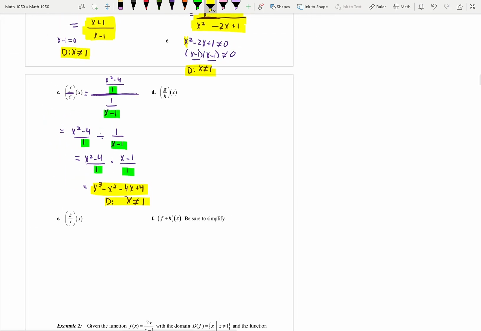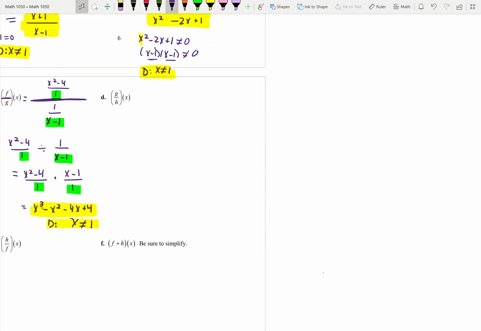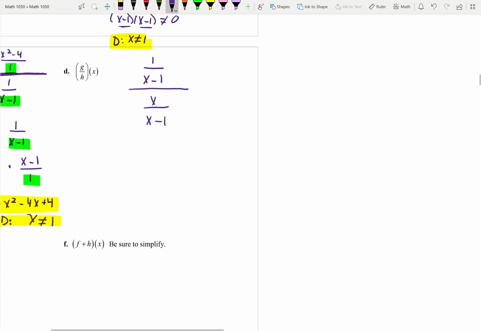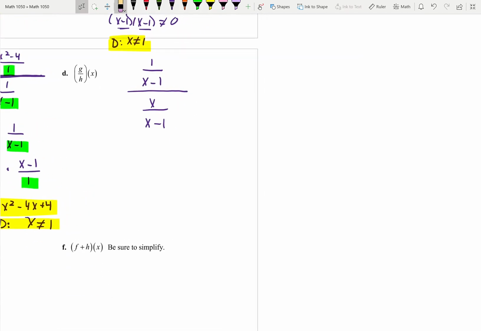Okay, question D. Take your g of x, which is 1 over x minus 1, and divide it by your h of x, which is x over x minus 1. Now I want to show you one thing that people do. They start making these fraction bars like all the same length.